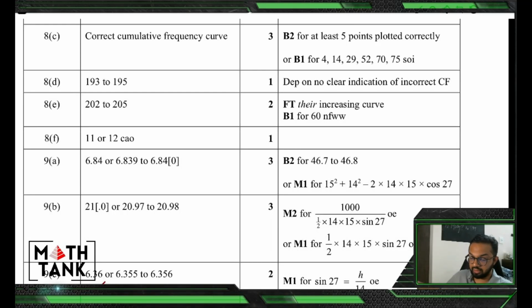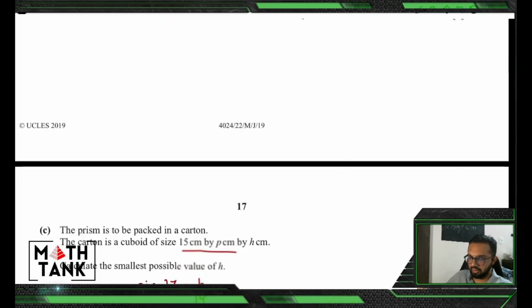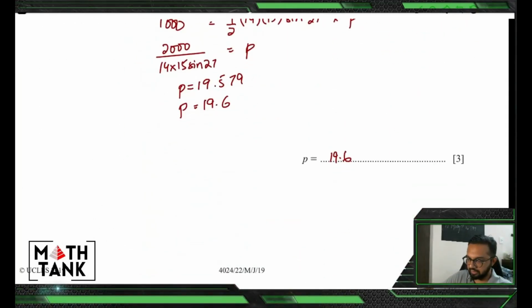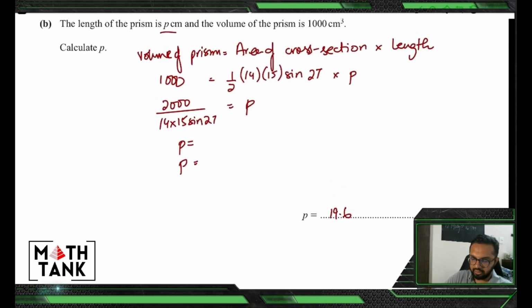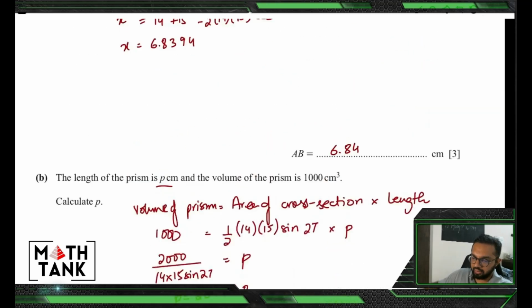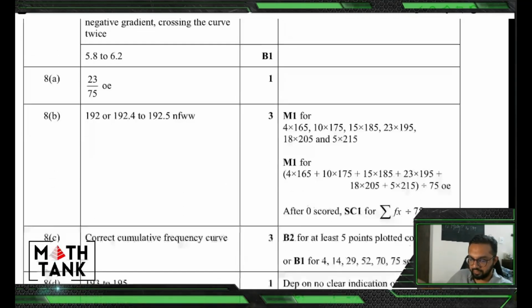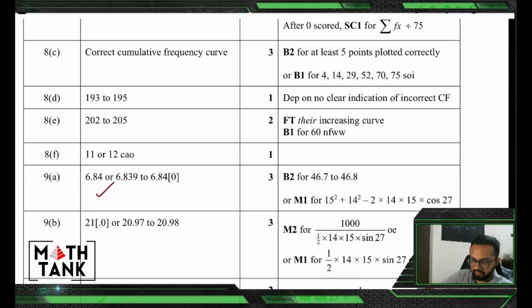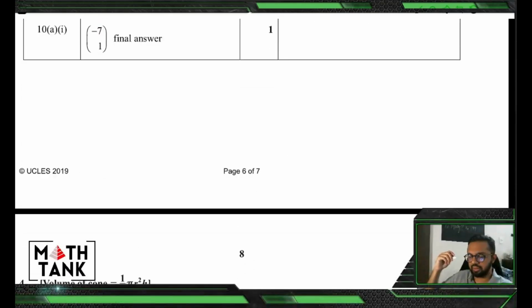Yeah, there seems to be a calculation mistake. I don't know what I did earlier, but the other things are fine. It's just that this is 20.977978. So that's 21.0. Okay. Apologies for getting the wrong answer. That's the first one. It says 6.84. That one is fine. I don't know what calculation mistake I ended up doing.